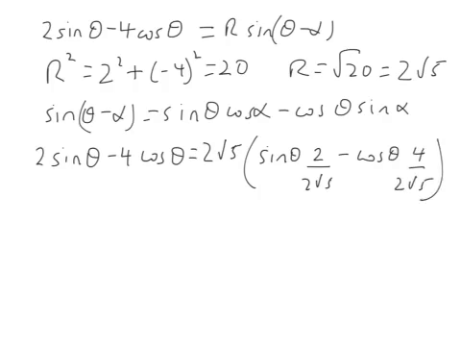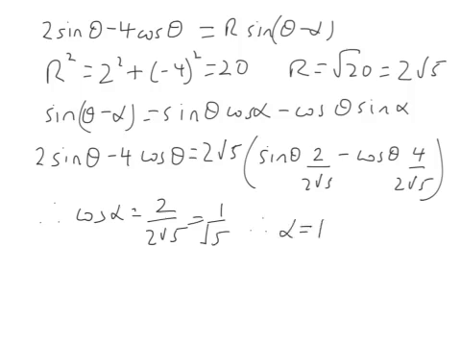So now we can directly compare cos alpha with 2 over 2 root 5. So cos alpha is 2 over 2 root 5, that's obviously 1 over root 5. So therefore alpha works out to be 1.107. So finally let's write it in the correct form. So it's 2 root 5 sine theta minus 1.107.